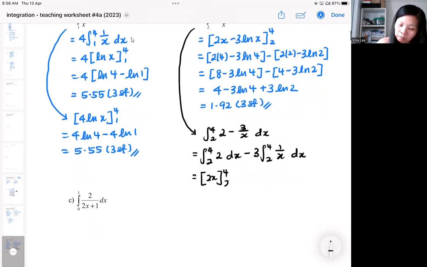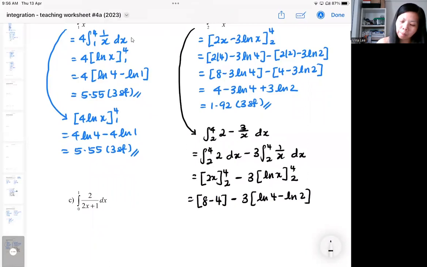Then you do this, and you do this. You will still get the same answer. So you get 8 minus 4. Here you will get ln 4 minus ln 2. So you punch your calculator, you still get 1.92.